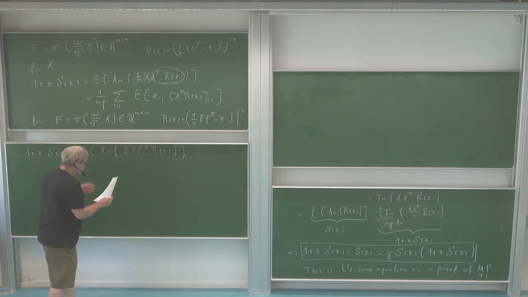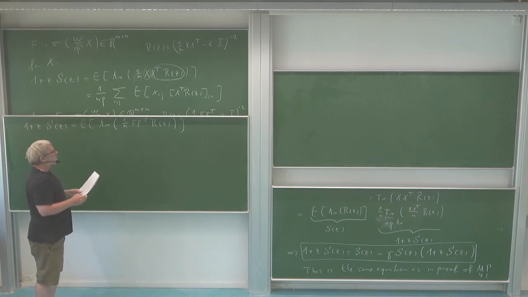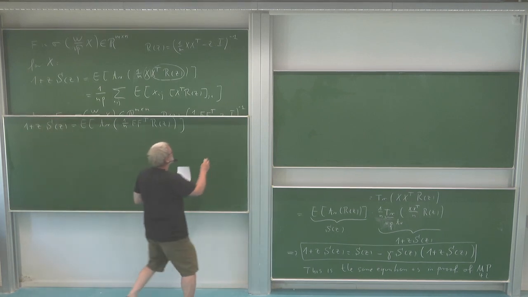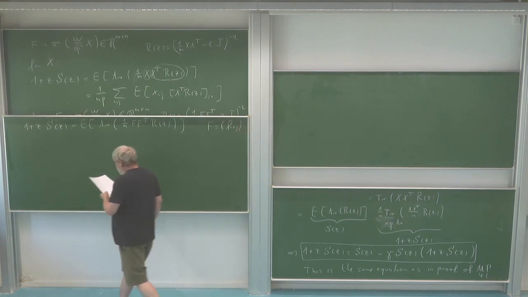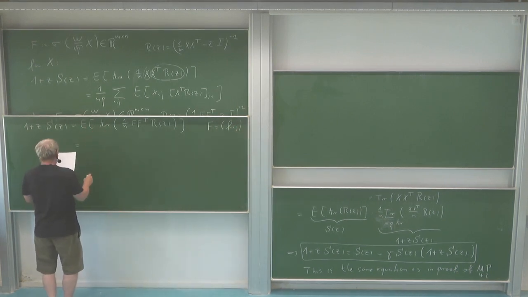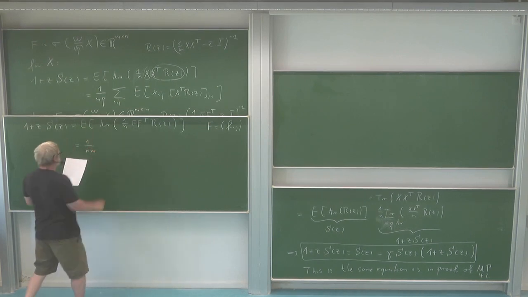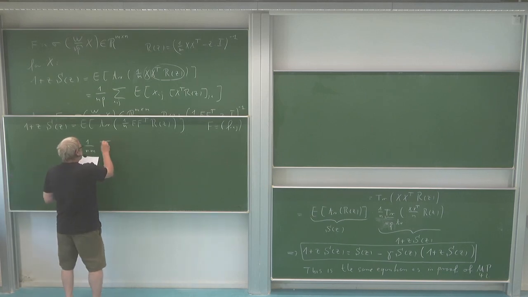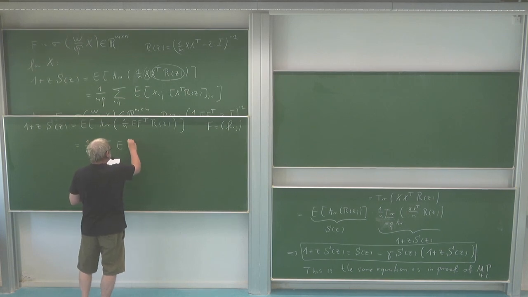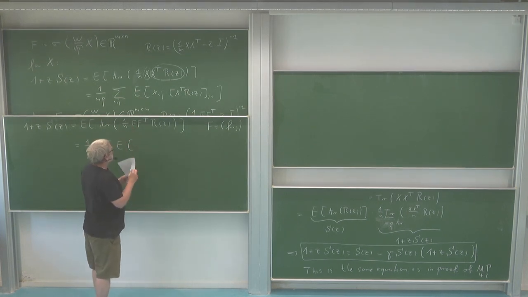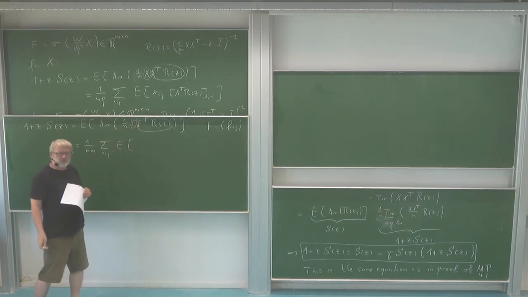And as before, I can develop it in this form, and maybe the entries of my matrix F I denote by little f, so the entries are F_ij. Then this here, as before, is the same as 1 divided by N times M. I mean, the P is now an M, and I have the sum over i,j, and I take the expectation of, and I write this as a product of this matrix with this matrix, in terms of the entries.